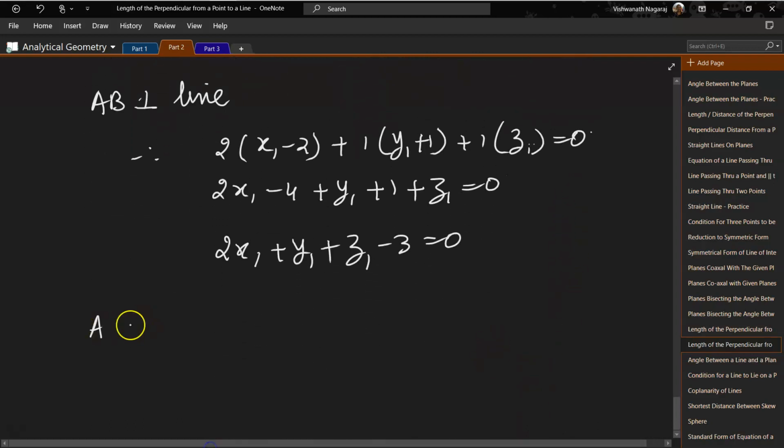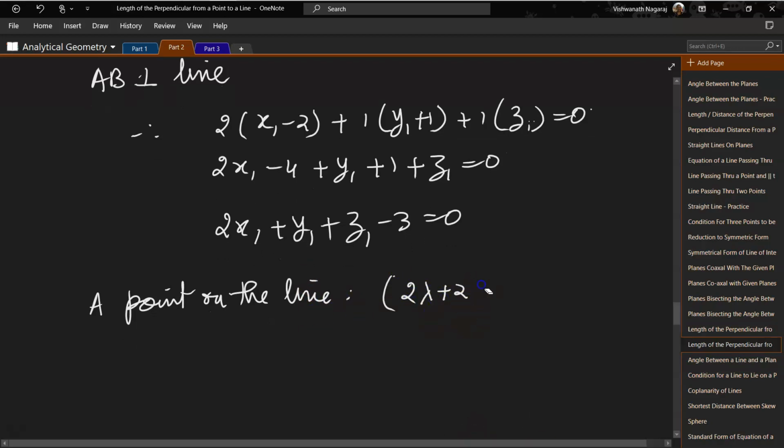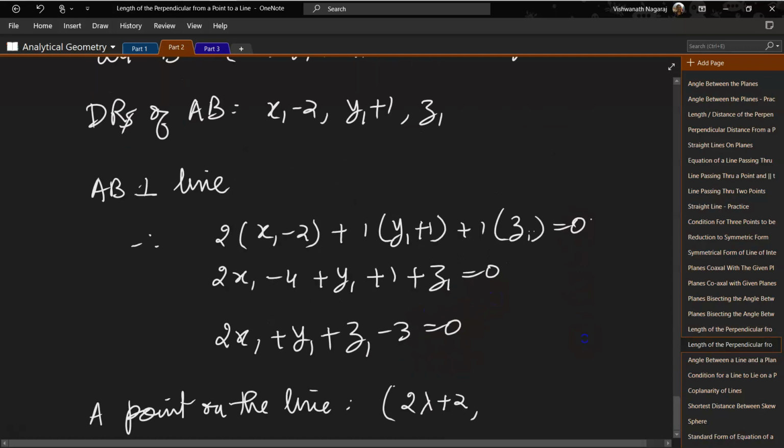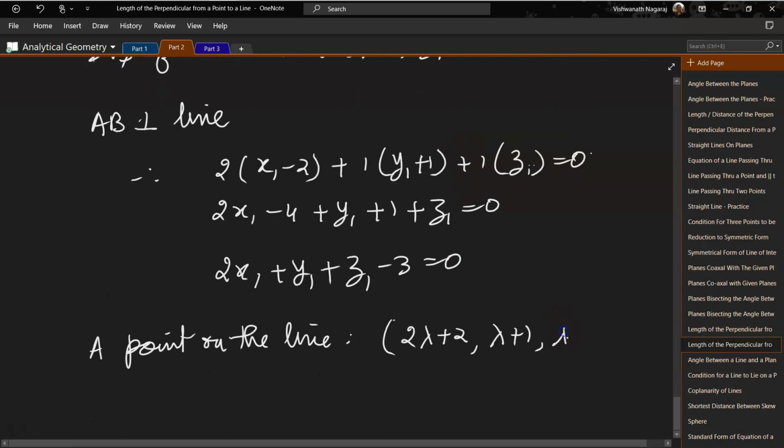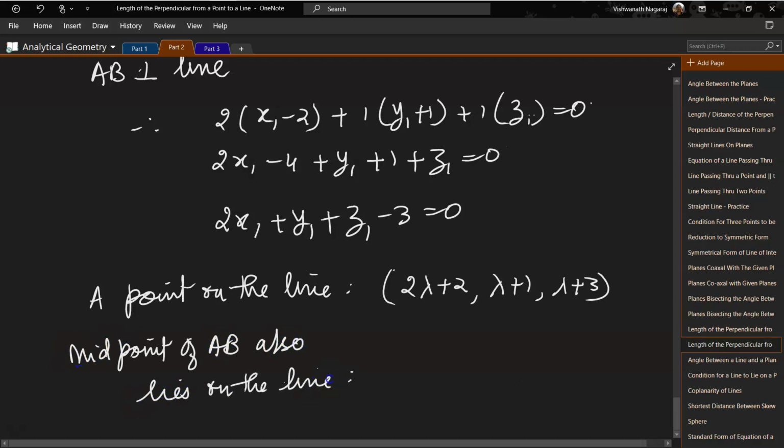So now a point on the line, its coordinates would be (2 lambda plus 2, lambda plus 1, lambda plus k), and the midpoint of AB also lies on the line, right?